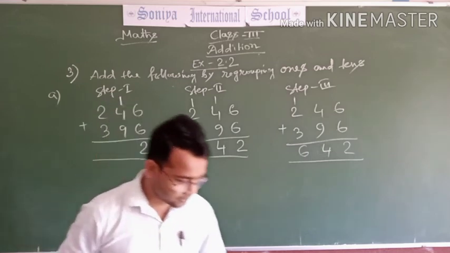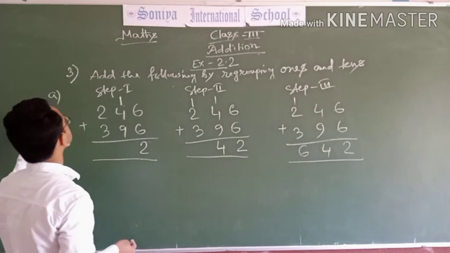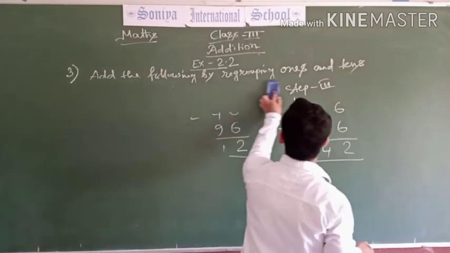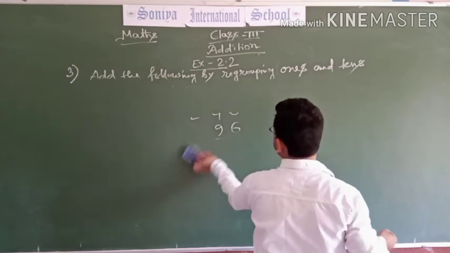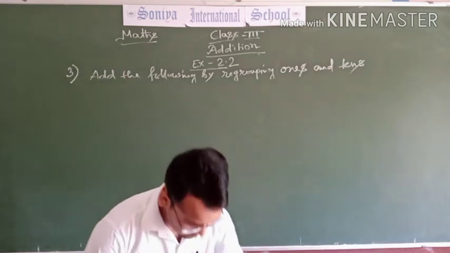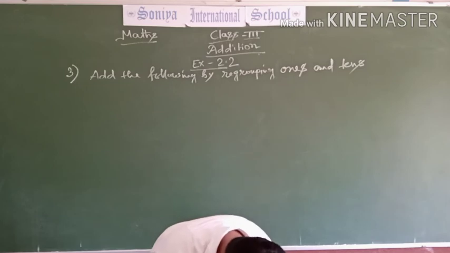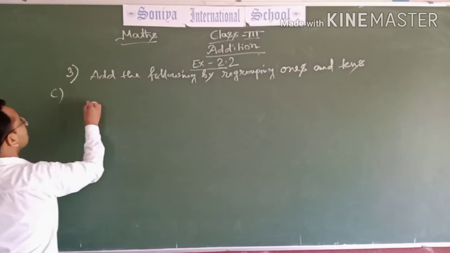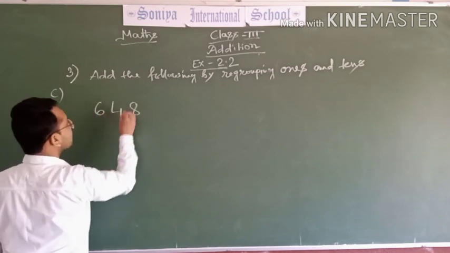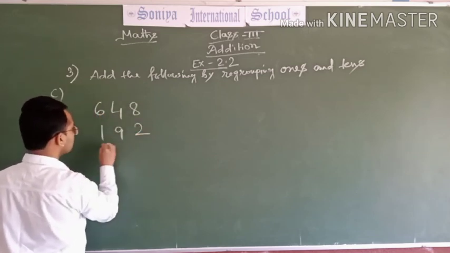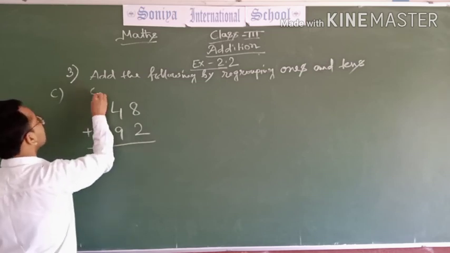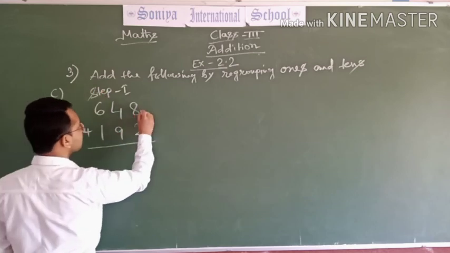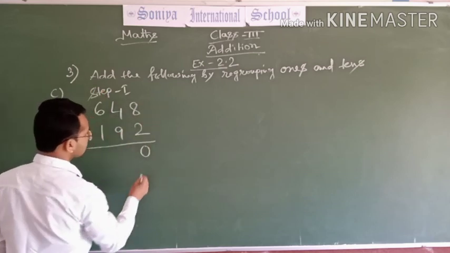Now the next example. 648 and 192. Same as step 1, add the ones places. 8 and 2, 10.